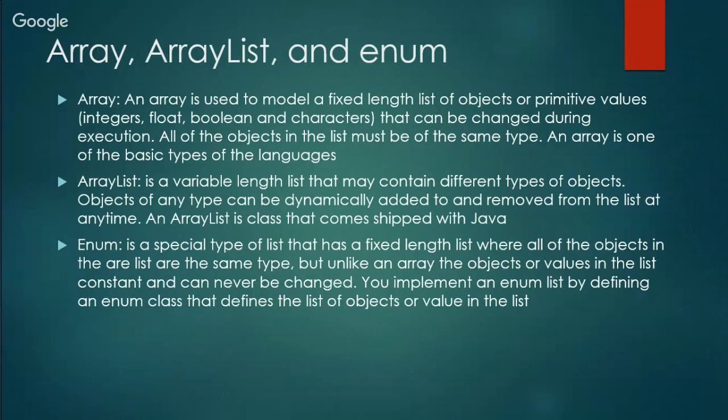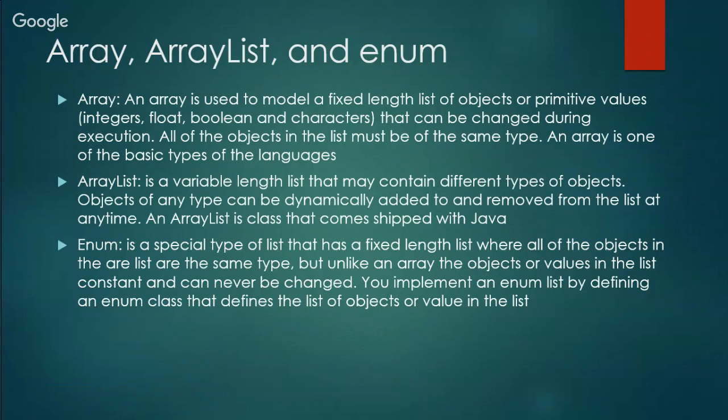So in this case, with the array, you already determine its limit, its length. In the case of the array, you can be adding an object to the array or removing from it. In the case of array list, the length is not predetermined.